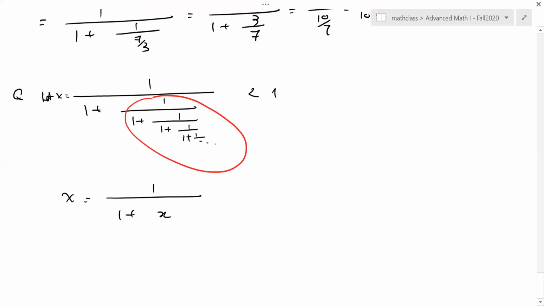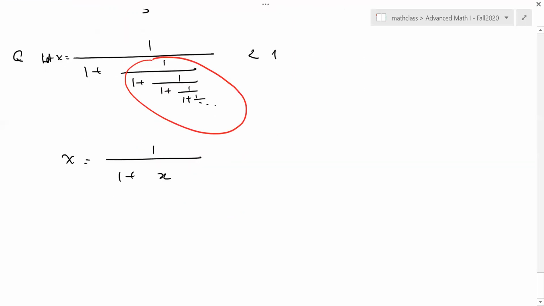How do you solve this equation? You let x be this whole fraction. Then the part I circled actually is also the whole fraction. They're identical, same. So that x should be equal to 1 over 1 plus x. Then you simplify it.